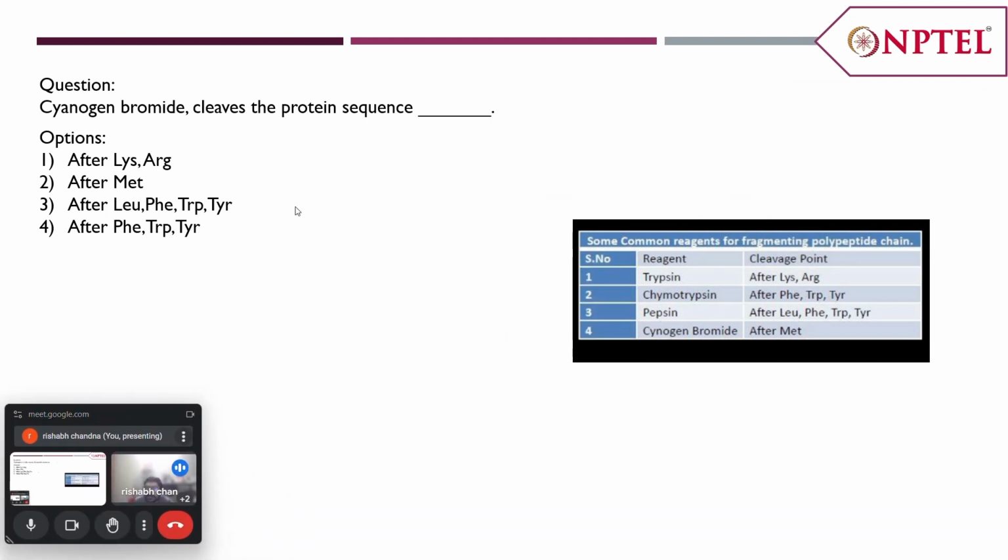Cyanogen bromide cleaves the protein sequence at which position? What can be the correct answer?